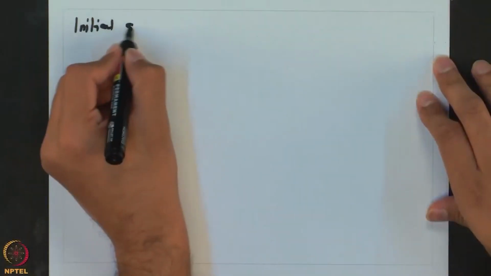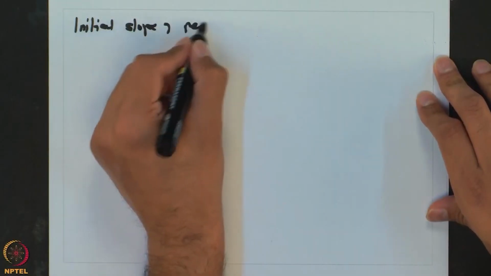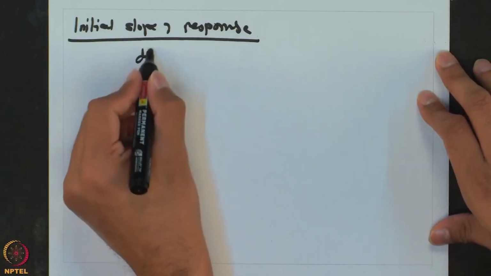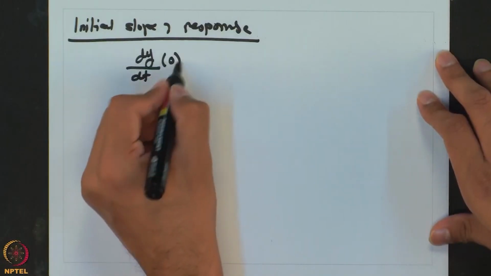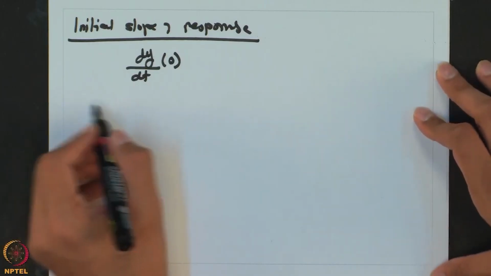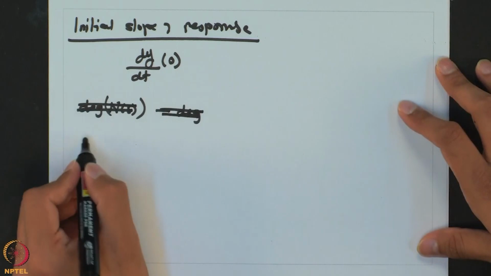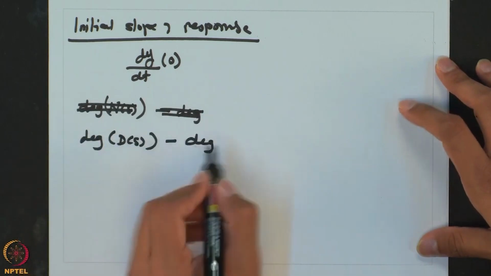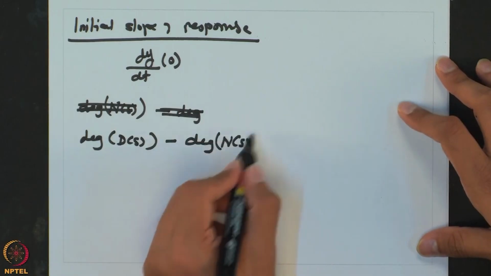And then lastly, something which you should also keep in mind while predicting the response is the initial slope of response. So that is dy by dt at t equal to 0. That depends on the difference, write it the other way around, degree of the denominator polynomial minus the degree of the numerator polynomial.